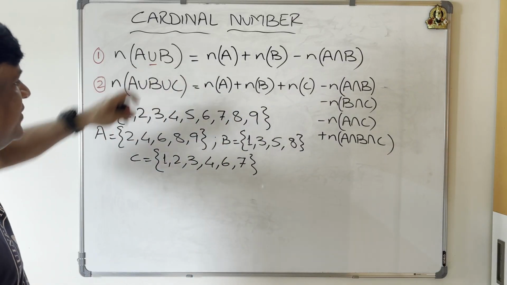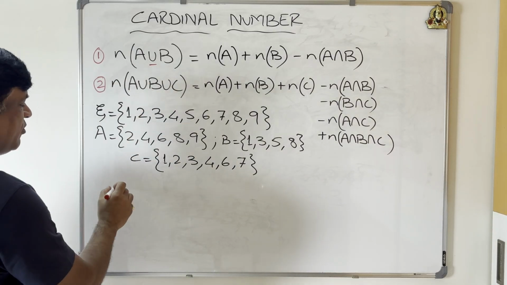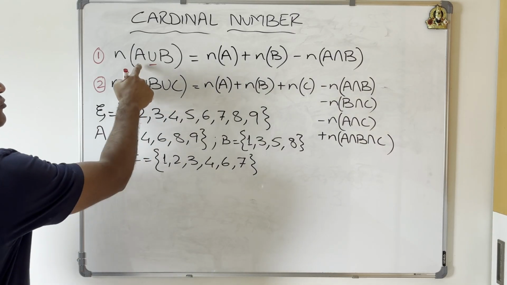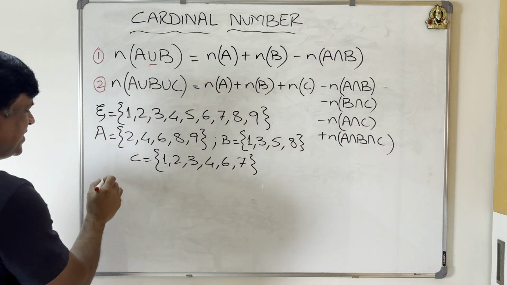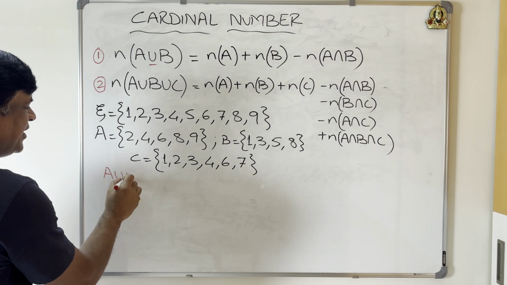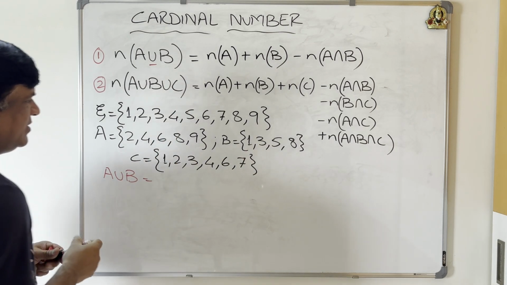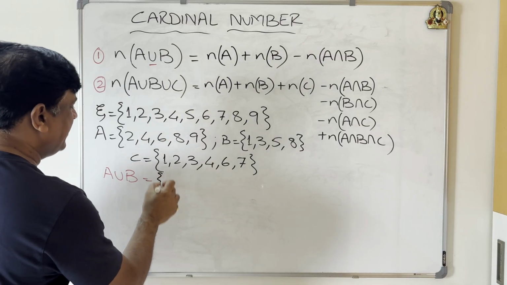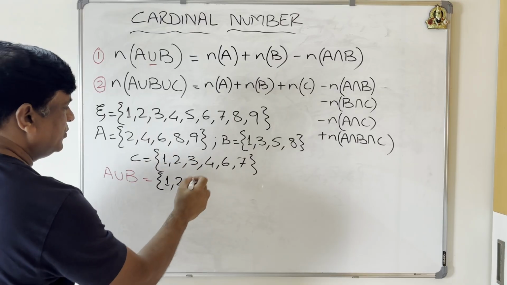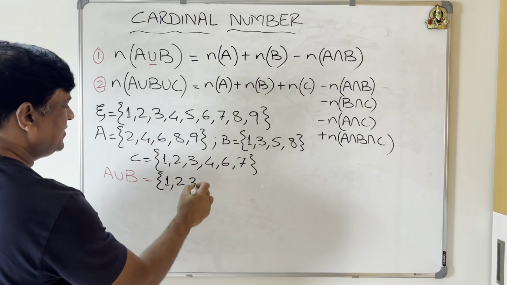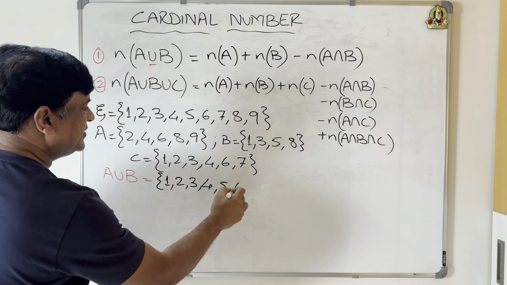Now let's look at the first one. Okay, they say that let's find n of A union B. So for finding the cardinal number of n of A union B, you need to find A union B, right? What is A union B from here? Can you tell me? Okay, so it is 1, 2, 3, 4, 5, 6.